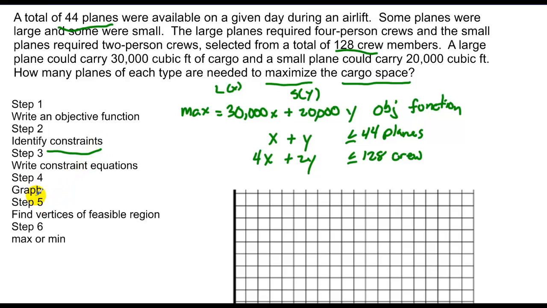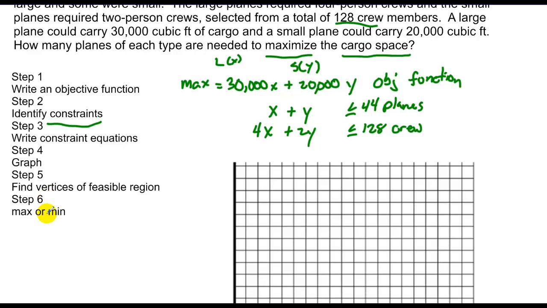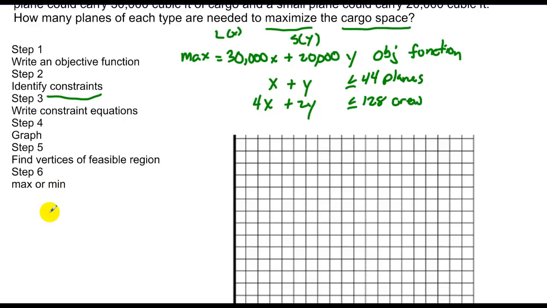And next I'm asked to go ahead and graph. So we're going to graph these by once again probably finding intercepts. I think that's probably the easiest way to go, so let's do that. This is 44 and 0, and 0 and 44.